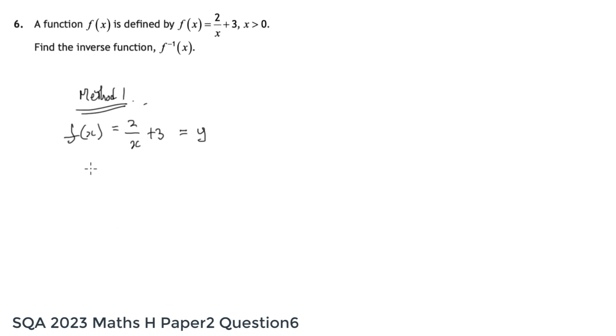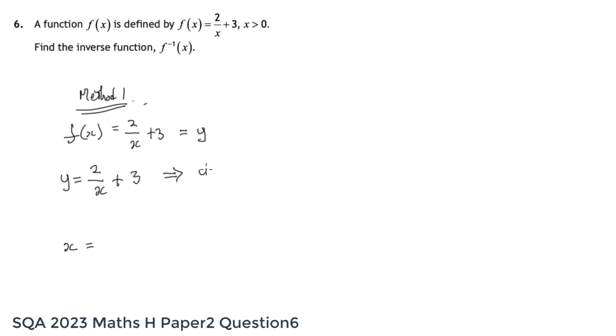So basically, if we're looking at a formula that tells us how to find y when x goes in, we want to end up with a formula that tells us how to find x when y goes in. In other words, we want to change the subject of this formula to x, not y. We'll do the inverse process. So let's try and do that.